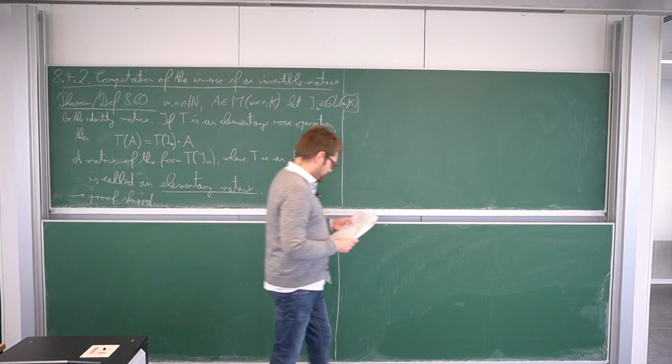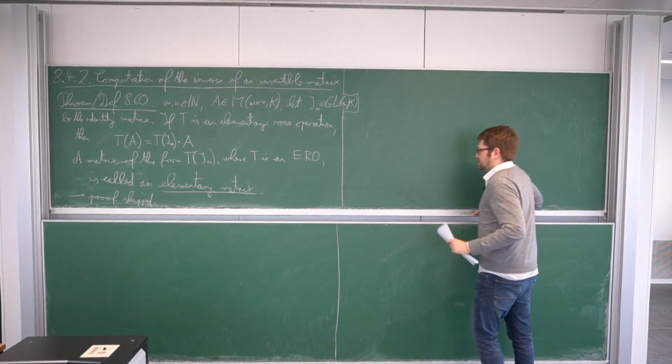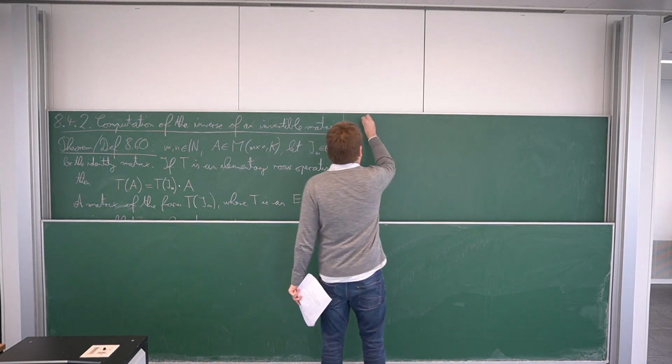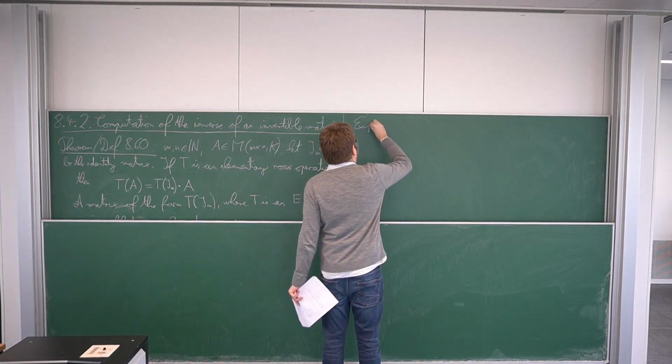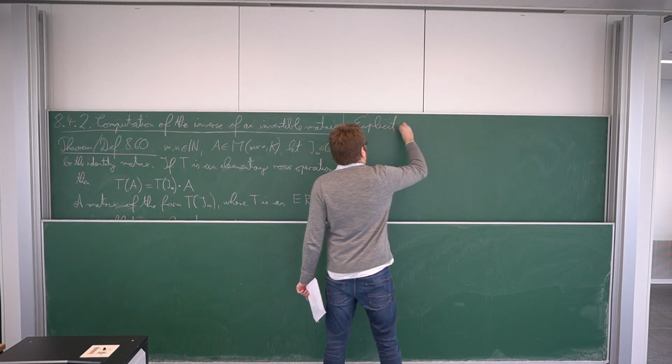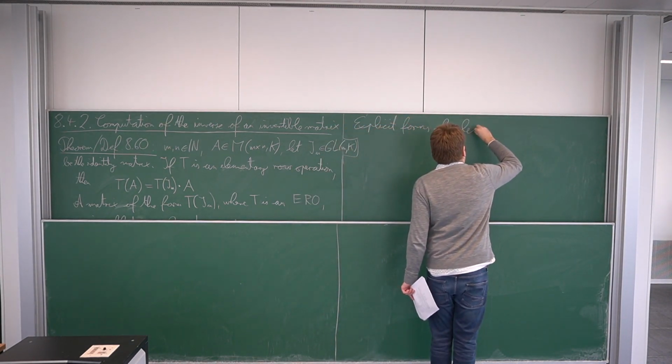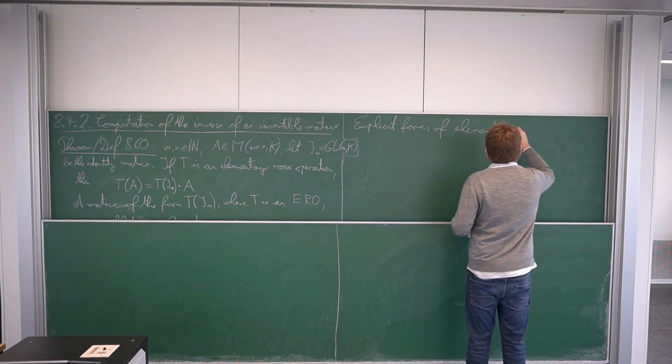And to help you a little bit, I want to first give the explicit forms of these elementary matrices for the three types of elementary row operations that we had. So explicit forms of elementary matrices. And this is now quite some tedious work.